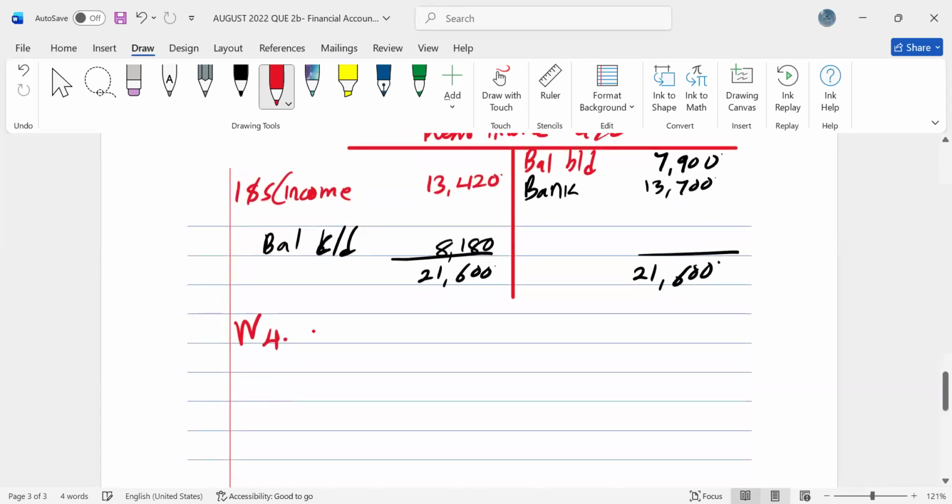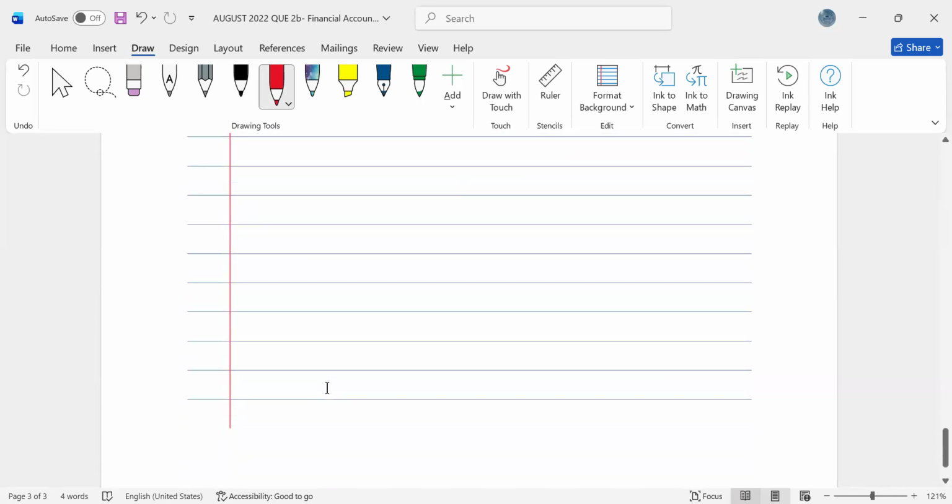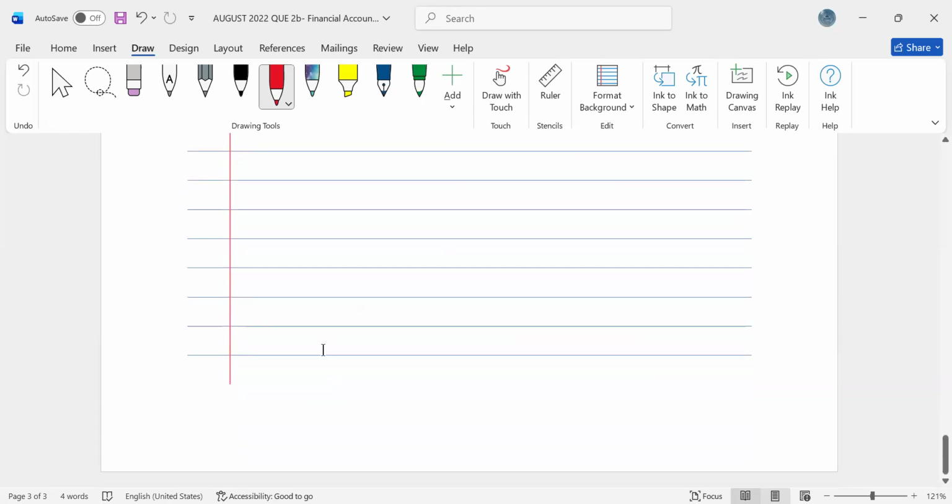We are doing loans. So we can have our loan account. Now, just a minute.